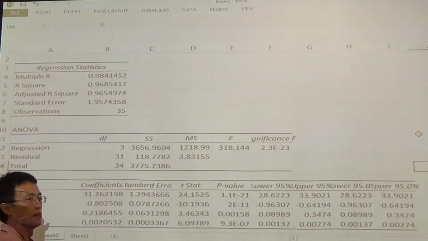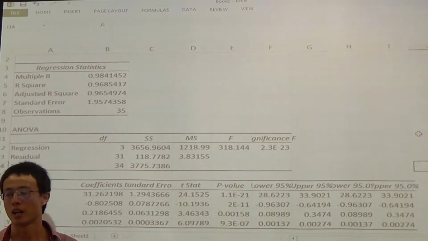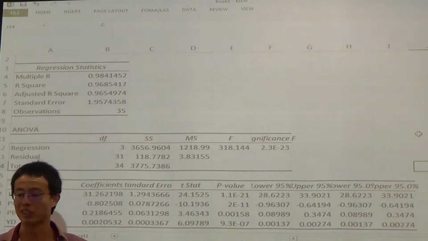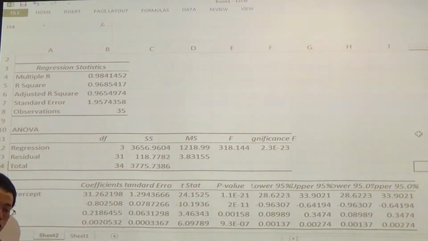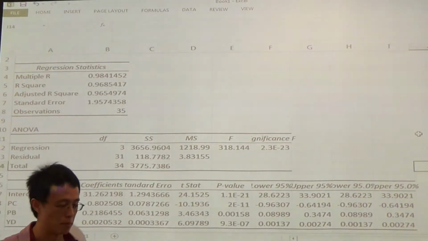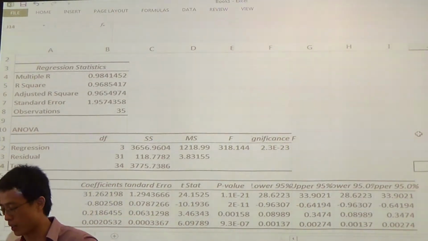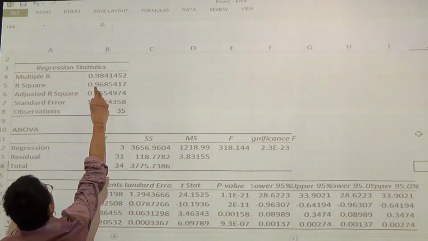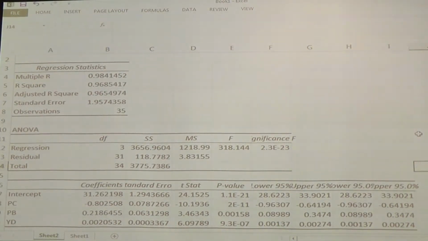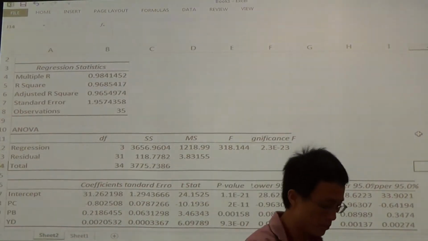If it is 1, that means your estimation fits the data perfectly. And clearly, we shouldn't expect a perfect fit as a whole. So usually it's between 0 and 1. And here we got 0.97. That's pretty good. So that's R squared.